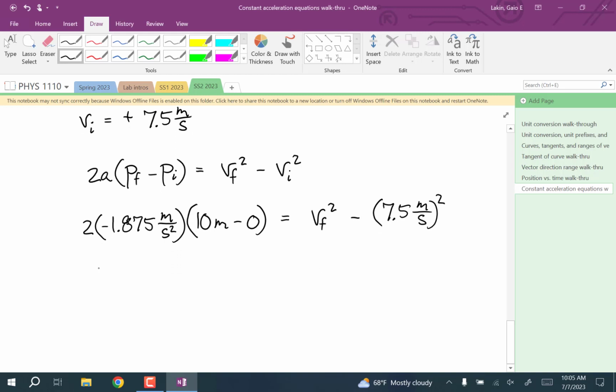And so if we multiply out the left side we get negative 37.5 meters squared per second squared. And on the right side, we have Vf squared minus 56.25 meters squared per second squared.